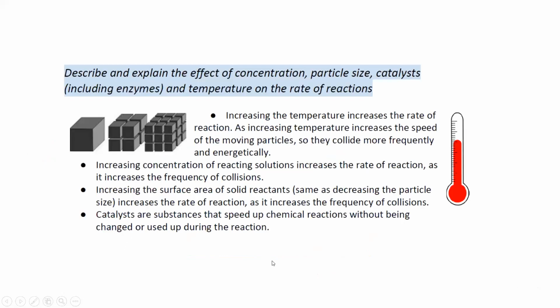So today we have discussed the factors which affect the rate of reaction. The rate of reaction can be affected by temperature, concentration, and surface area. Pressure is also there, but it is only valid for gases. And the catalyst is a substance which speeds up the reaction without being chemically used up or changed.